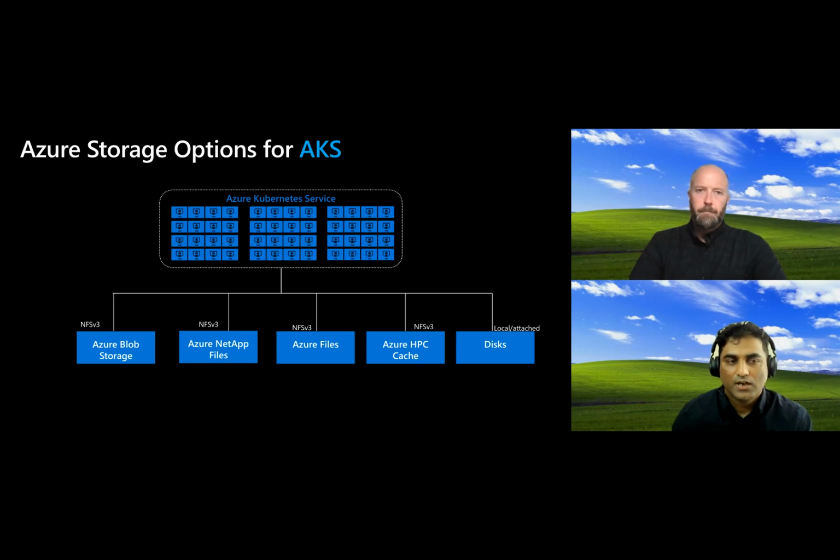The point is that we have so many options and we had to choose the right storage for the right purpose. Some have fixed IOPS limits, or some have provisioned IOPS and so on. So when you are running an HPCC cluster on AKS, you have to think of the storage options that you would require for your job.